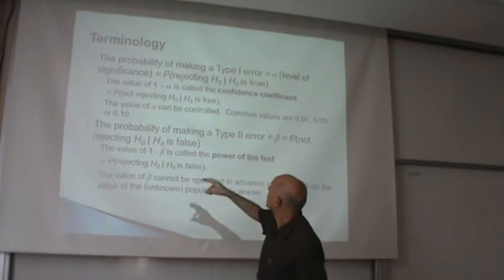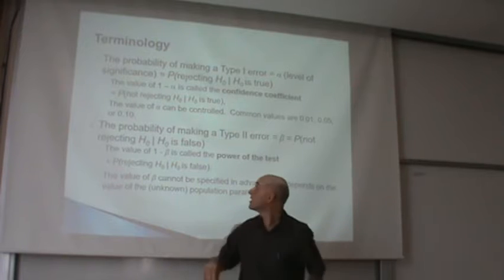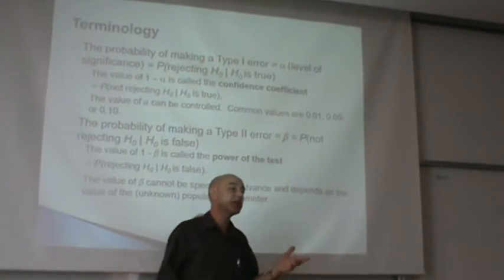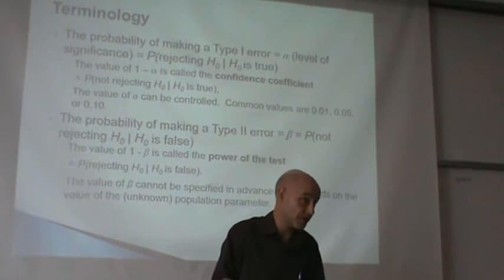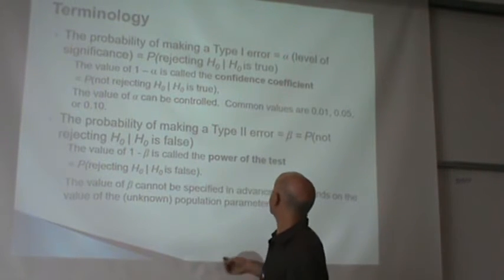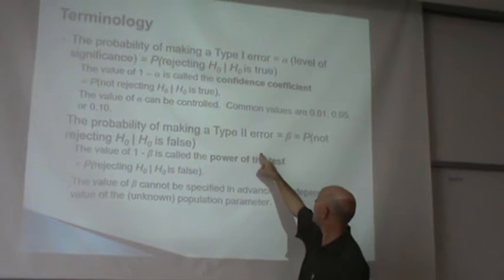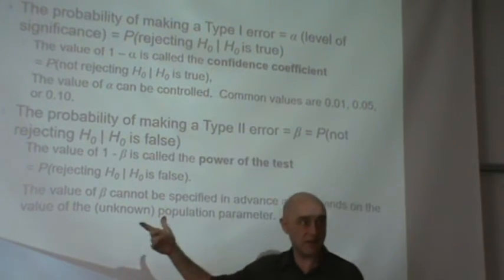Okay, well, the probability of making type 1 error, that's the level of significance. This is what we typically determine. That's, let's say, 5% or 10%. Okay, that's the 5% or 10%. And then the probability of making a type 2 error is called the power of the test.